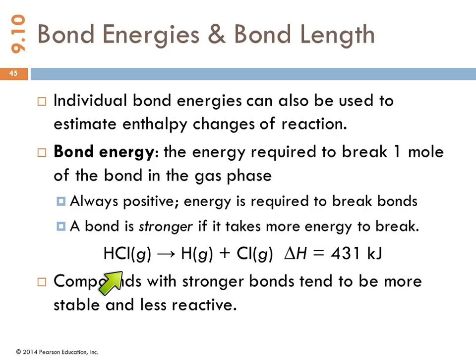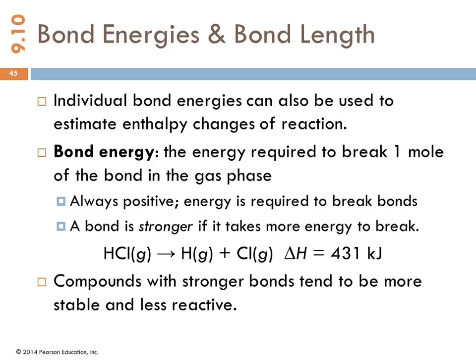If we look at hydrogen chloride in the gas state, and we break that hydrogen-chlorine bond and end up with a hydrogen atom in the gas state and a chlorine atom in the gas state, the change in enthalpy for that is 431 kilojoules per mole of bonds that are broken.